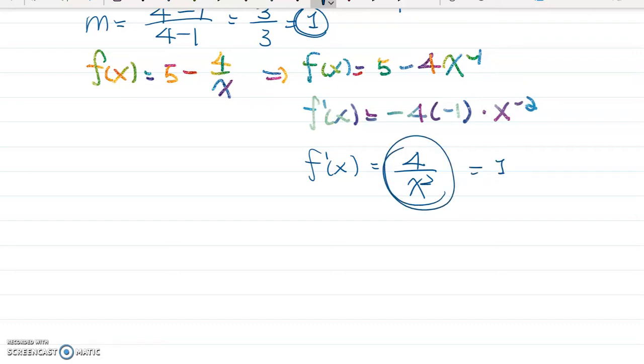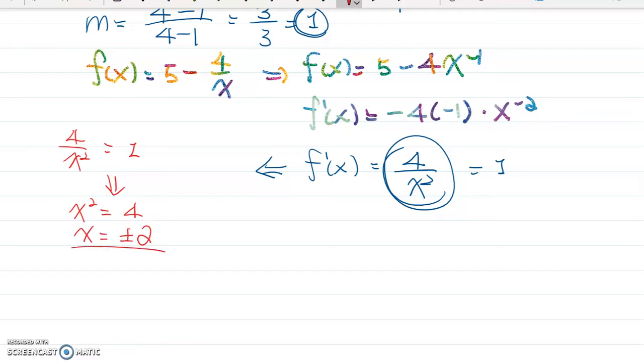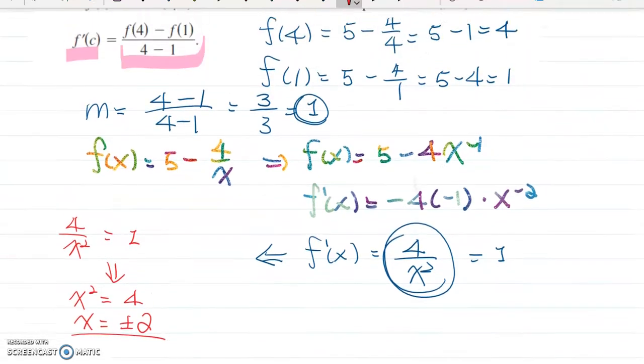Okay, then now I'm going to set up here: 4 over x squared equals 1. So which means I can rewrite that as x squared equals 4, so x equals plus and minus 2. Okay, it means that at x equals 2 and minus 2, the slope becomes 1. But we need to double check which x value belongs to the interval.